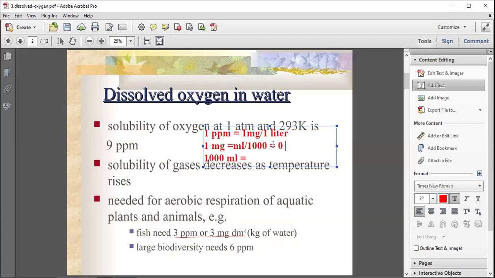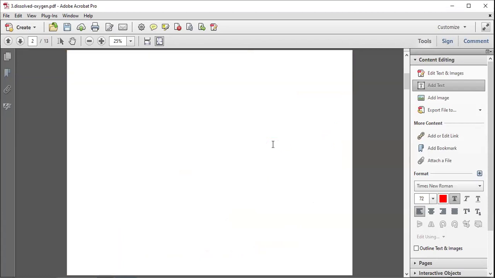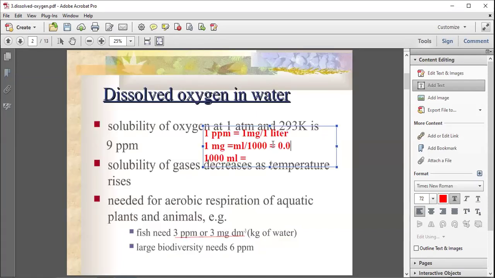0.1 milliliter. So 1000 milliliter, how much gram?